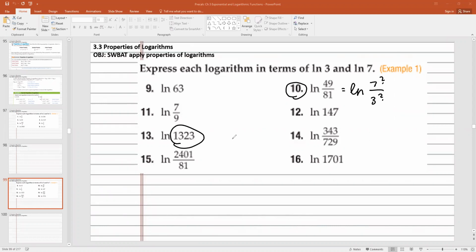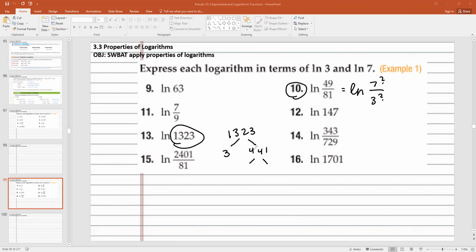1323. I believe 3 goes into that. 441. Oh boy.